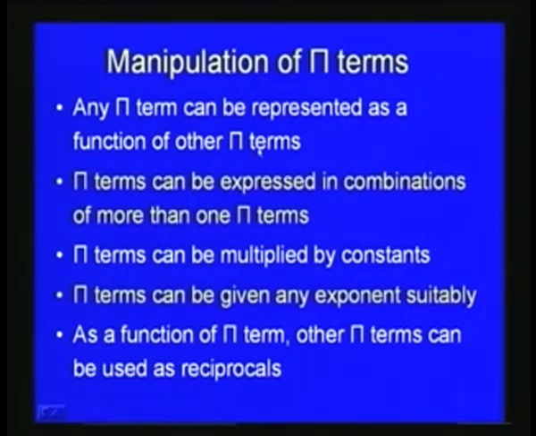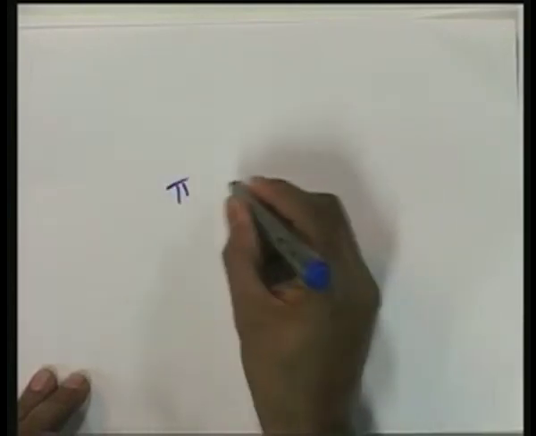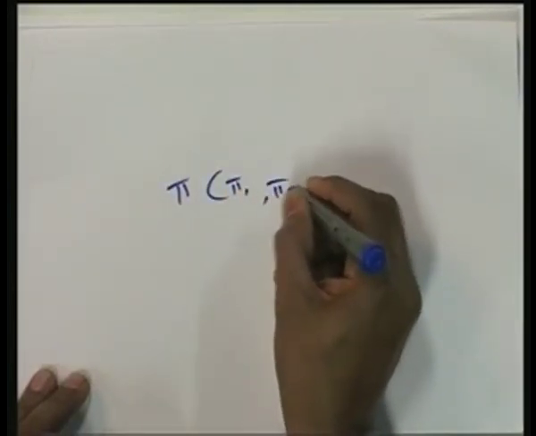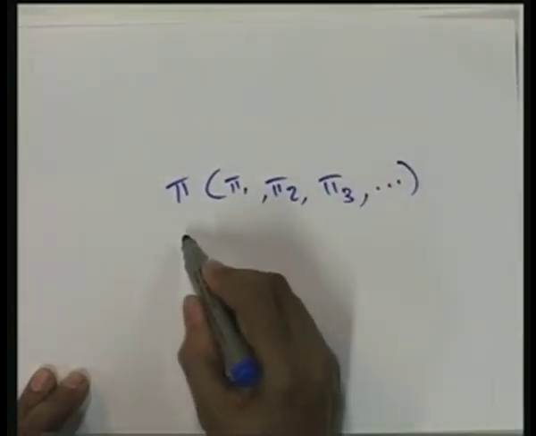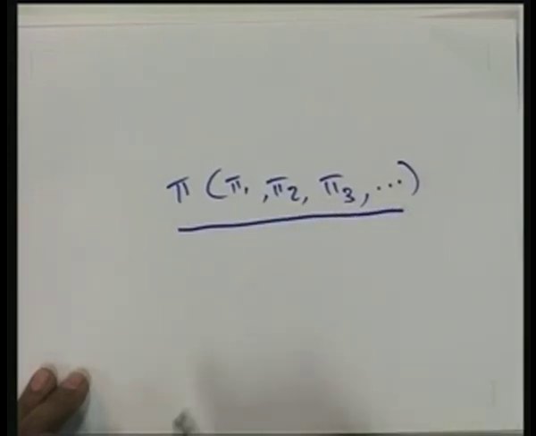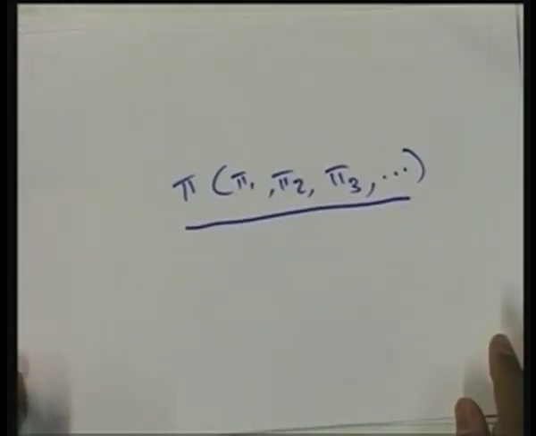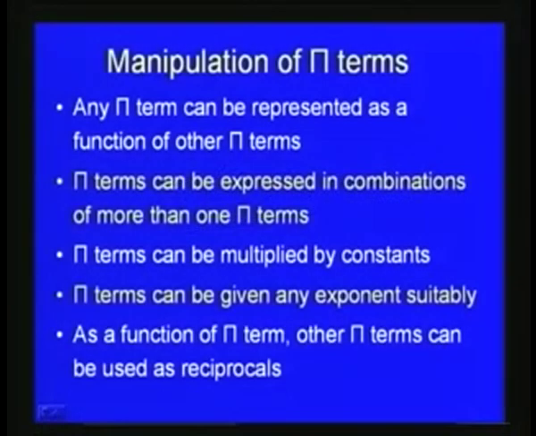We have pi 1, pi 2, pi 3, etc., and out of these pi terms, we can represent each with respect to other pi terms. Any pi term can be represented as a function of other pi terms, and pi terms can be expressed in combinations of more than one pi term. So this is also possible.